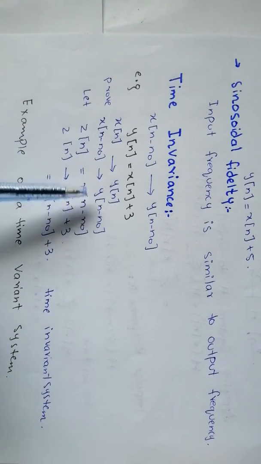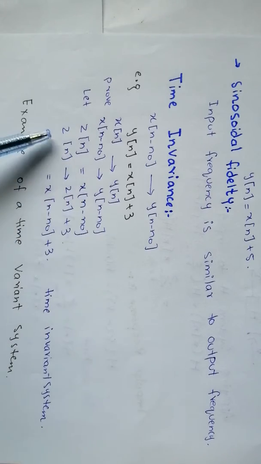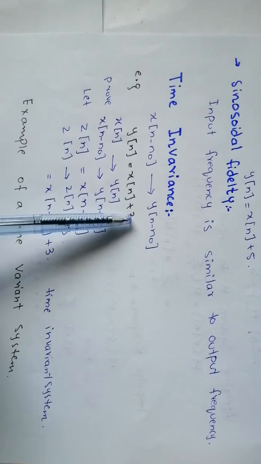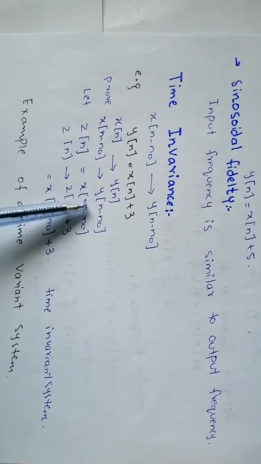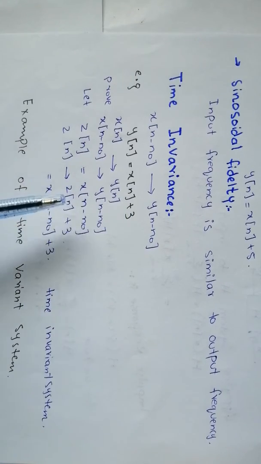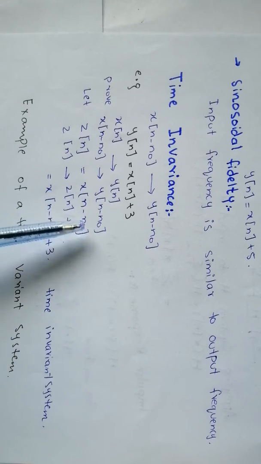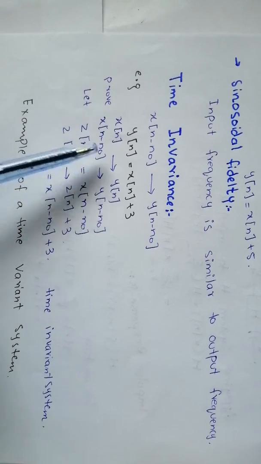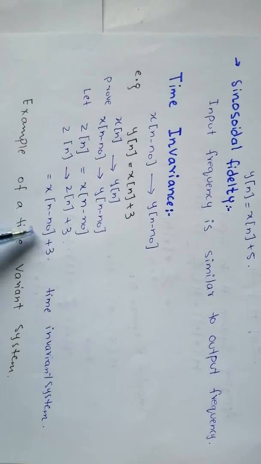Let's suppose z of n equals x of n minus n naught, and z of n will give z of n plus 3. So in z of n we put x of n minus n naught. We can see the input change gave the same output change, so we can say the system is a time invariant system.